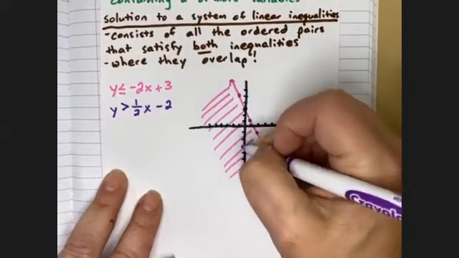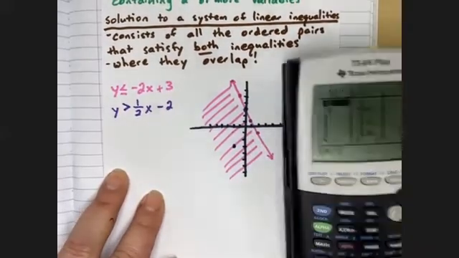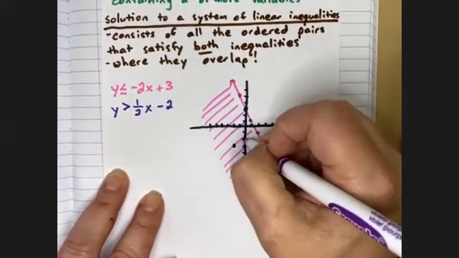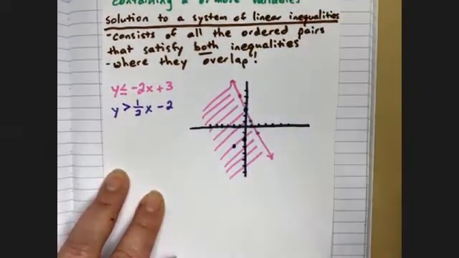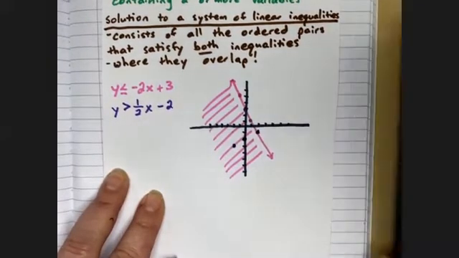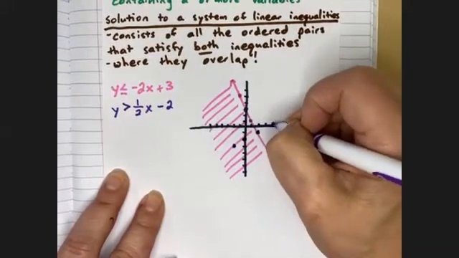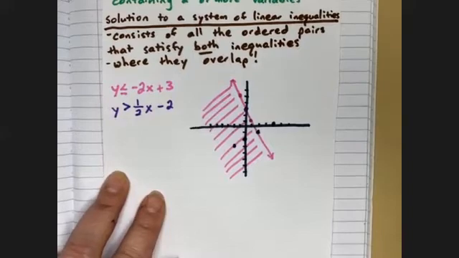So -2, -3 is right about there. 0, -2. 2, -1. And 4, 0. 1, 2, 3, 4, 0. Okay, so I have my dots. So I put my 4 dots on there.